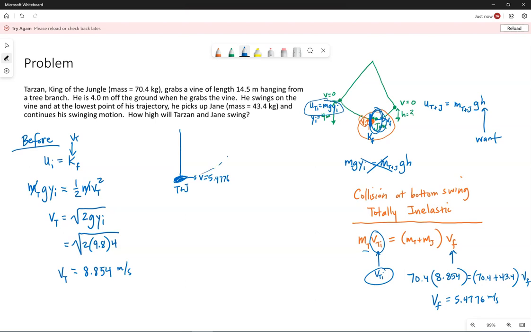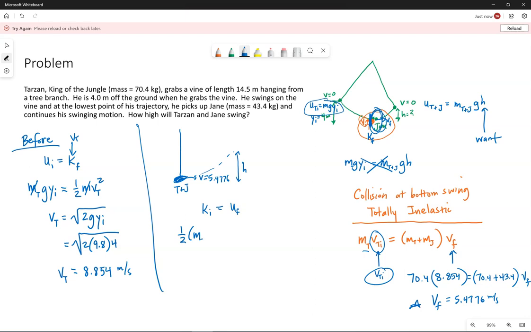And they're going to swing up to this maximum height, h. Now that the collision is in the past, we used conservation of momentum to calculate what was going to happen because of the collision. We can now say that the kinetic energy they have together is going to turn into the potential energy they have together.